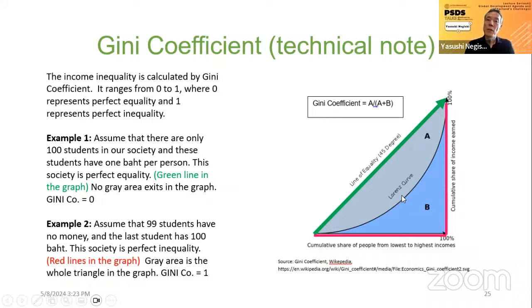But in an equal society, as I mentioned in the first case of 100 students, the curve will be on this green line. Then the gray area disappears and the coefficient becomes 0. So that's how we can measure inequality with the Gini coefficient.